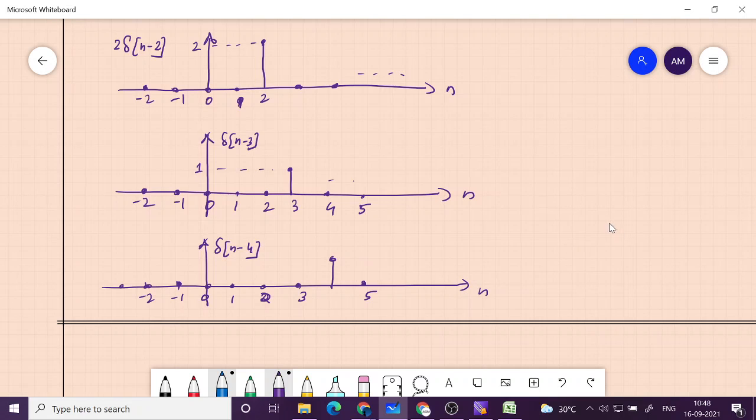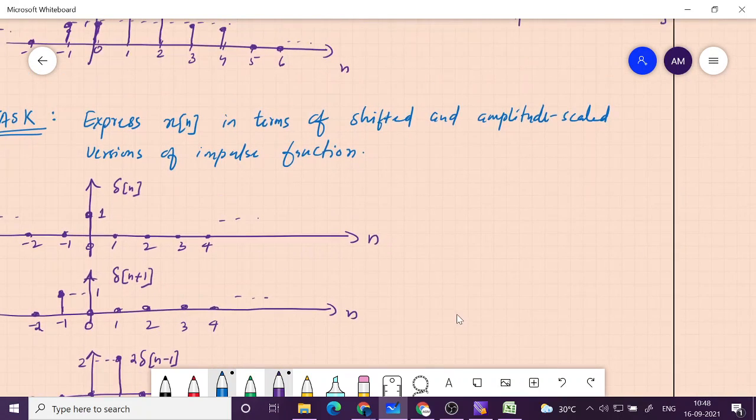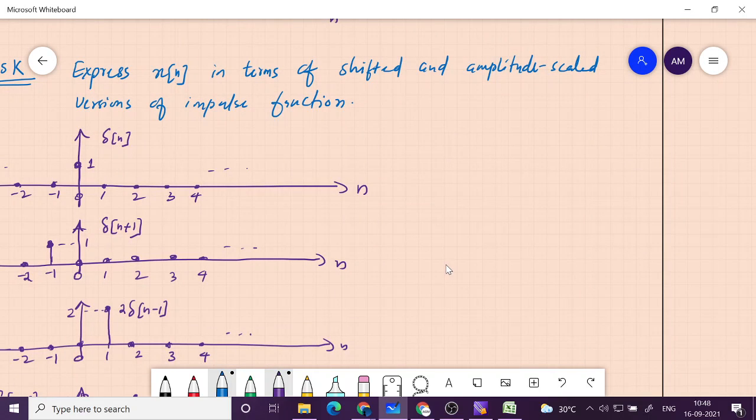So now if I add all these functions, I will get back my actual function, right? You see that? Let me write it in the order of n.